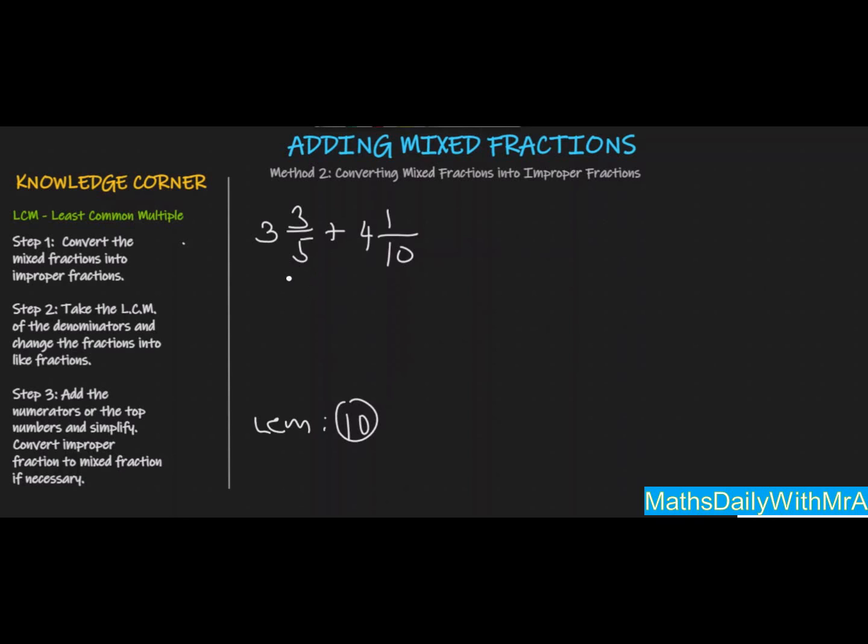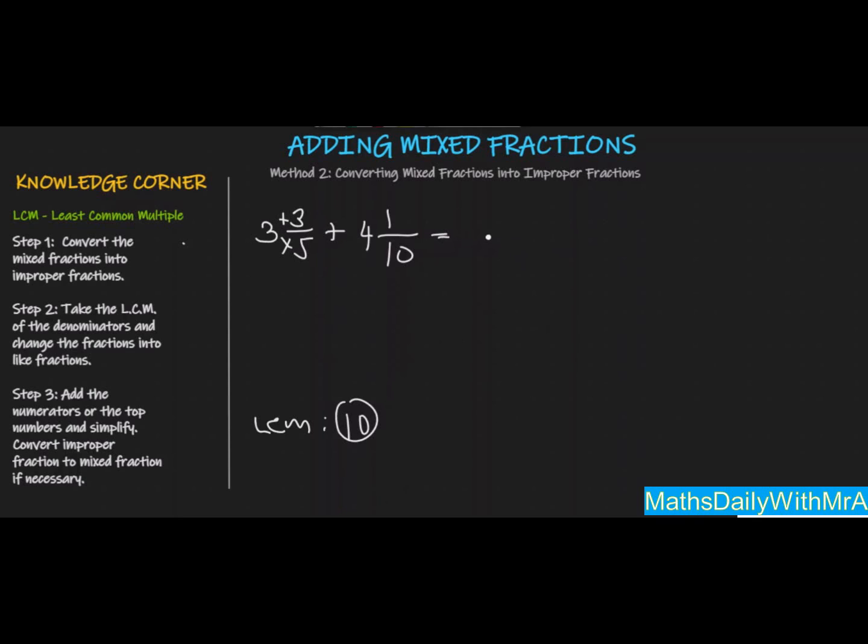To convert mixed numbers or mixed fractions to improper fractions, we need to multiply the whole number by the denominator and add the numerator. The new number will become the numerator and put it over the same denominator. So let's calculate the first mixed fractions. 5 times 3 is 15, plus 3 is 18.